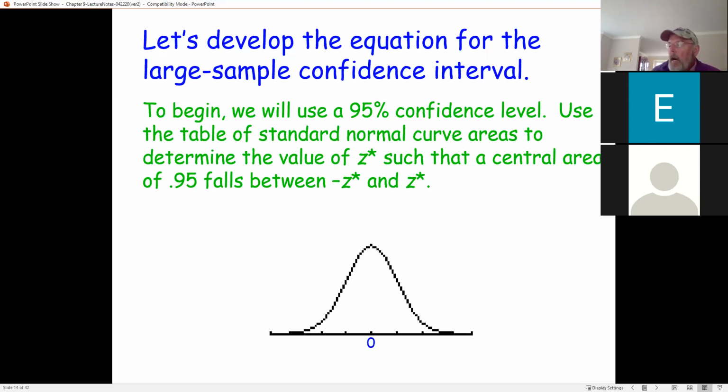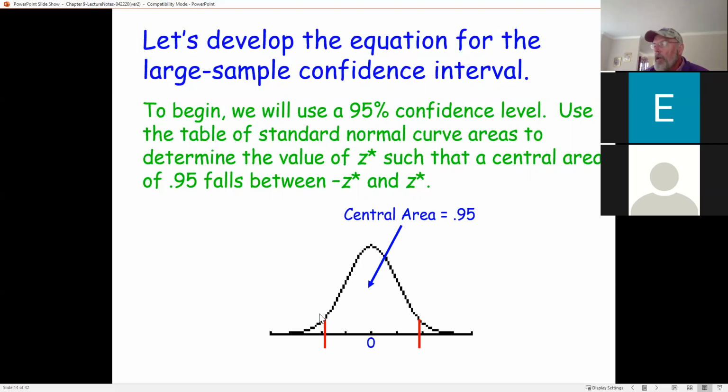Here is our standard normal curve with 0 at the center and standard deviations that go along with the scale on the x-axis.